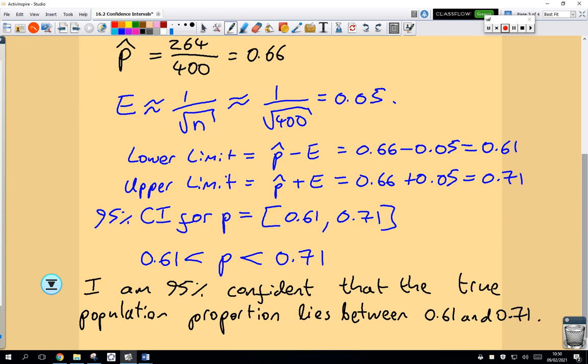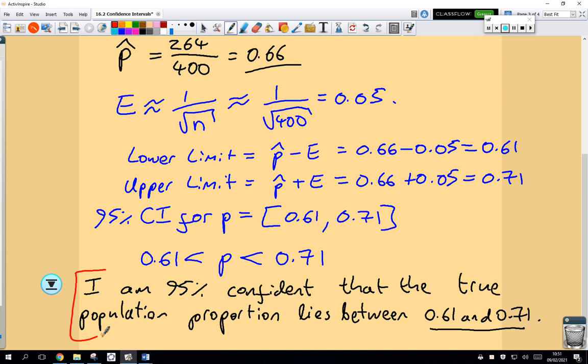I can't say for certain that it's going to be exactly equal to my 0.66. So we build a confidence interval around that. Notice my sample proportion will be exactly halfway between those two things. So we're 95% confident that the true population proportion lies between 0.61 and 0.71.